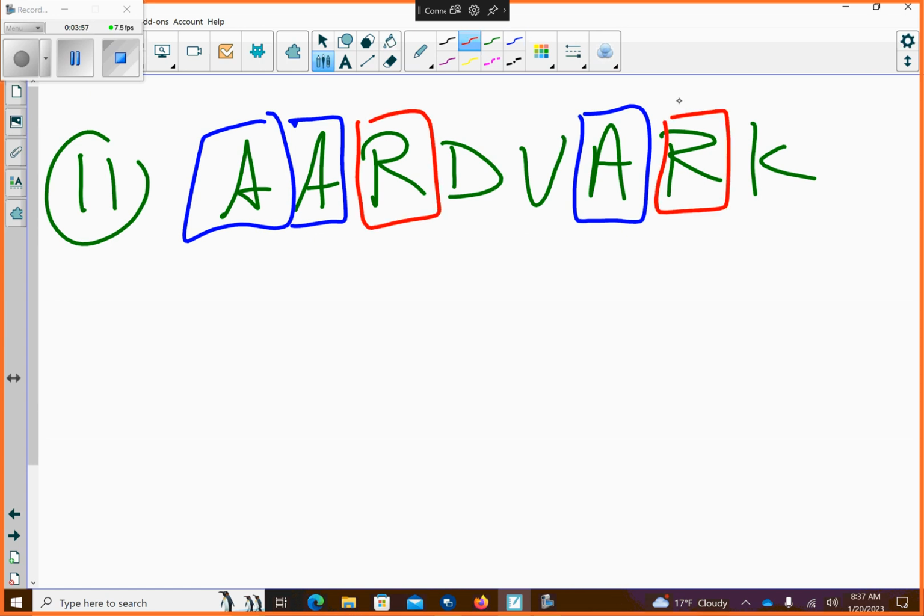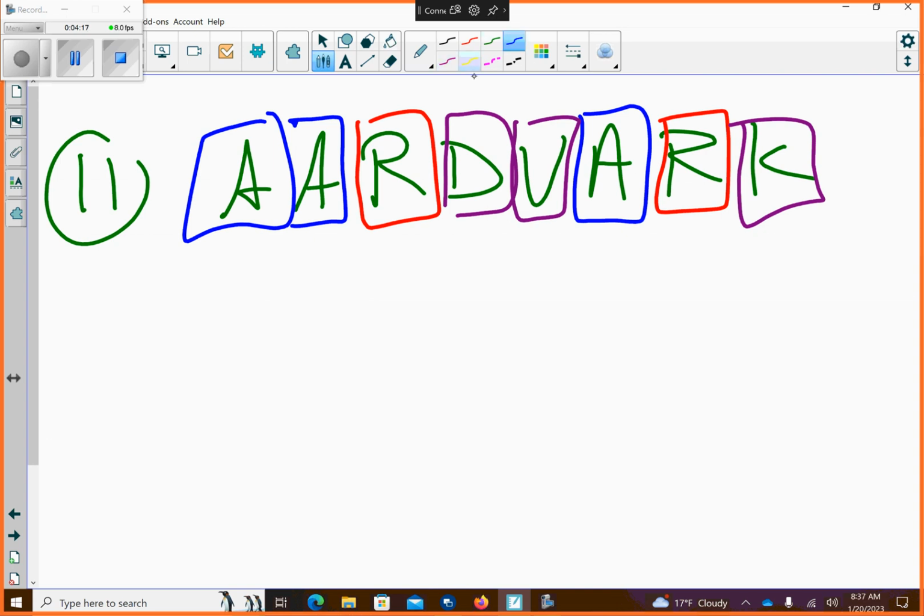And I have some duplicates, so I can't tell the difference between the first and the last A. And then I have the D, and then the V, and then the K. All right, so that's 8 tiles. 1, 2, 3, 4, 5, 6, 7, 8. I have 8 tiles total.